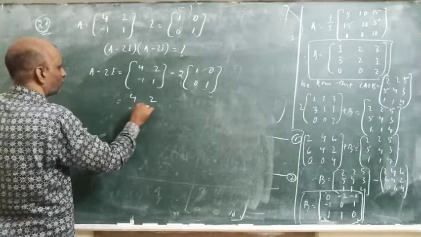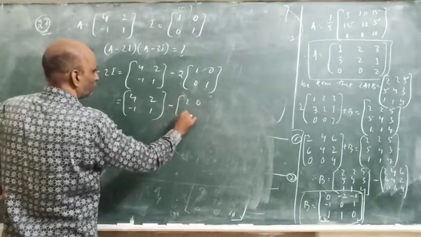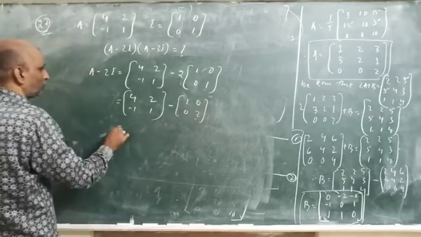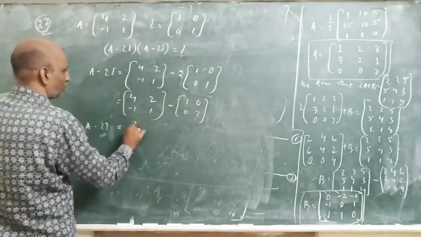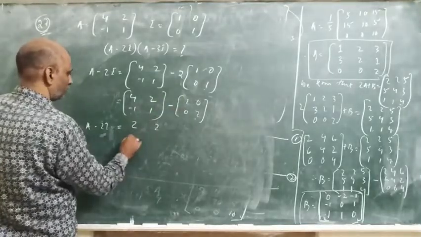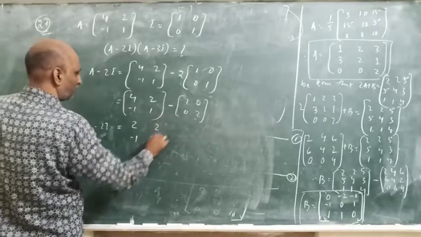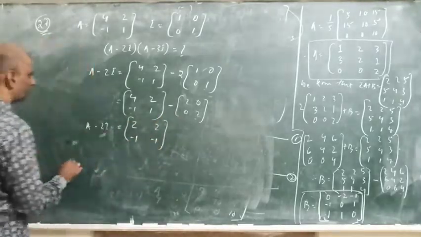So [4 2; minus 1 1] minus [2 0; 0 2], which is equal to [4 minus 2, 2 minus 0; minus 1 minus 0, 1 minus 2]. This is your A minus 2I.